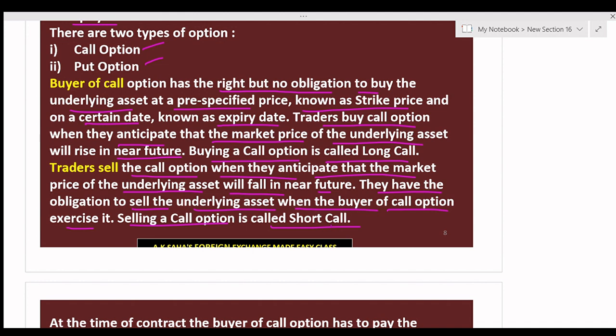Now, if the market price of the plot falls below 10 lakhs, the trader will not buy it, incurring a loss of rupees 1 lakh, the token money paid, and the seller will gain this amount. So here, the buyer has the right but not the obligation to buy the asset, but the seller has the obligation to sell the asset if the buyer exercises the right. This is the strategy of the buyer of the call option.